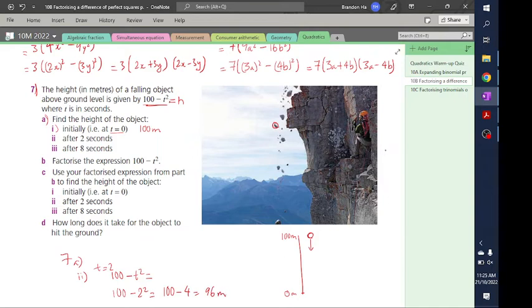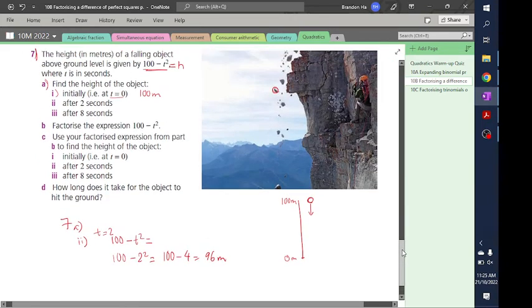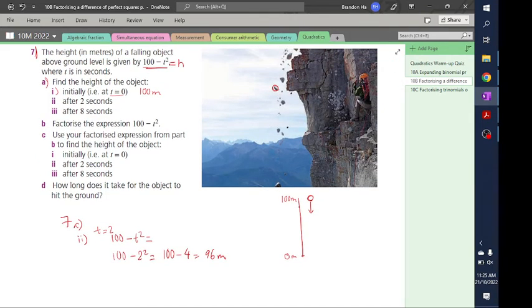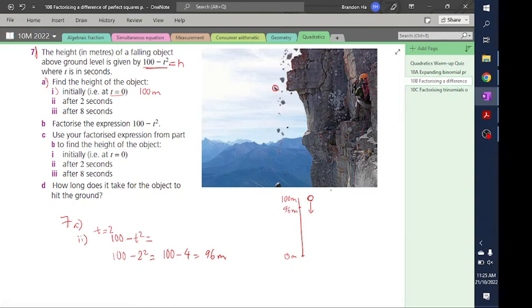Does that make sense? So after 2 seconds the object is at 96 meters, so somewhere like here, 96 meters. Make sense so far? T equals 0 is here and this point is t equals 2.